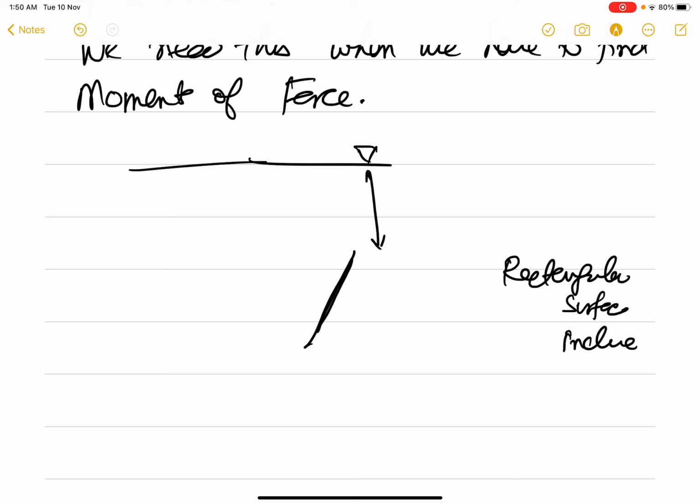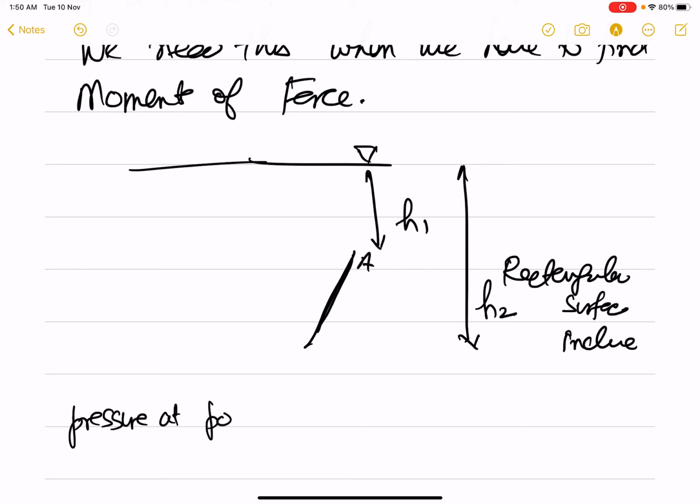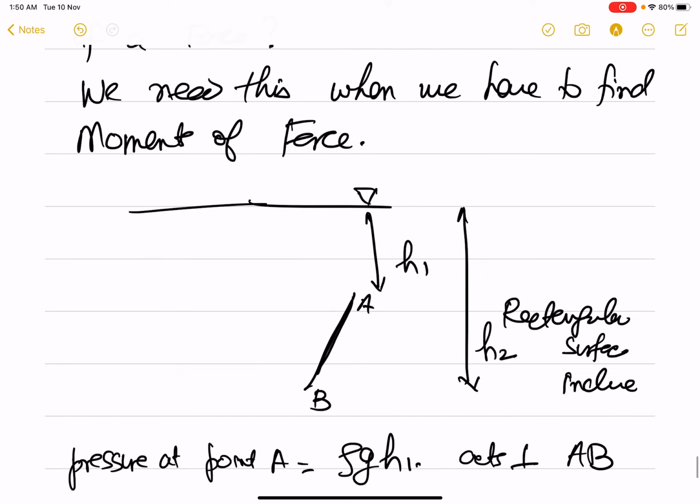Let this depth be h1 and let the bottom depth be h2. Then the pressure at point A is equal to rho g times h1, and it acts perpendicular to AB.